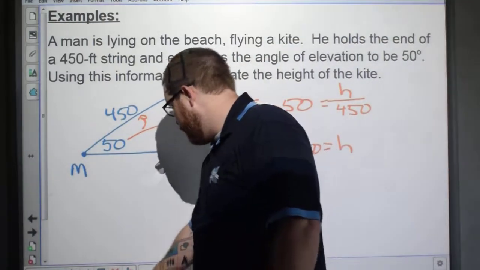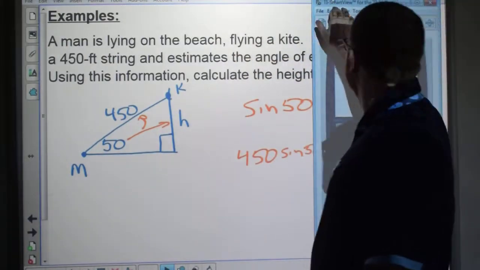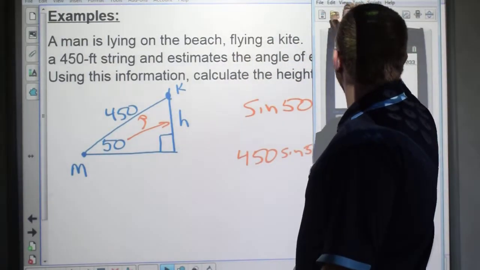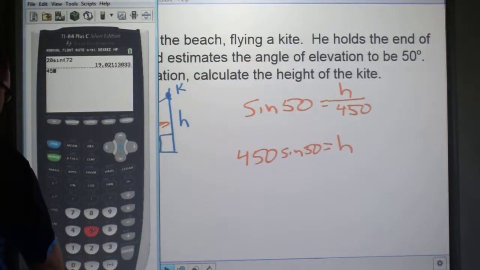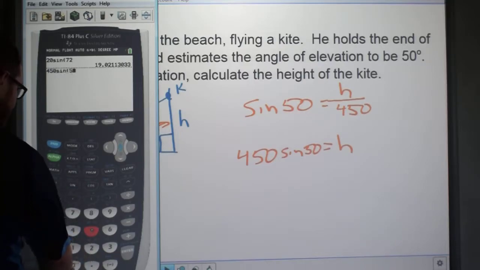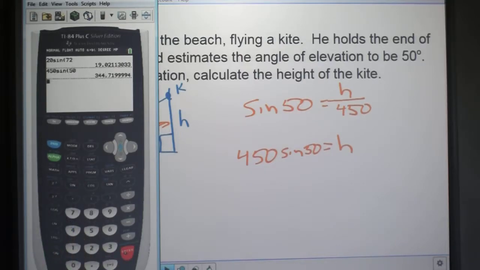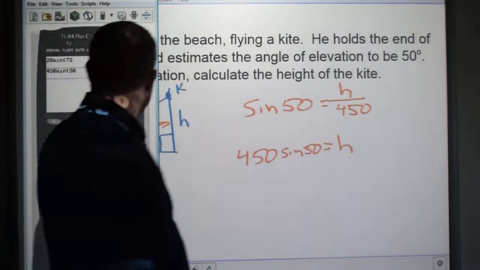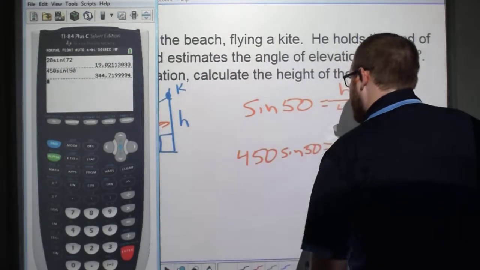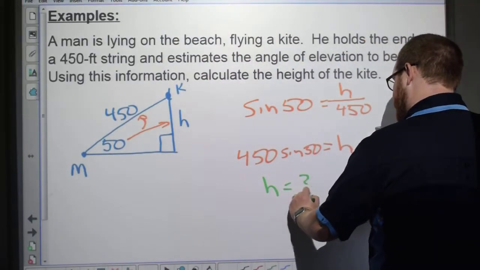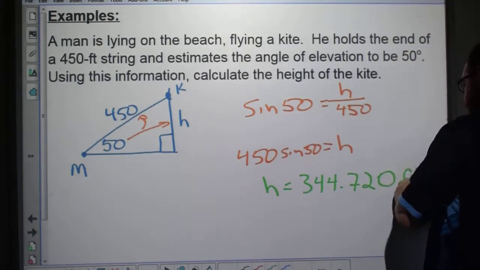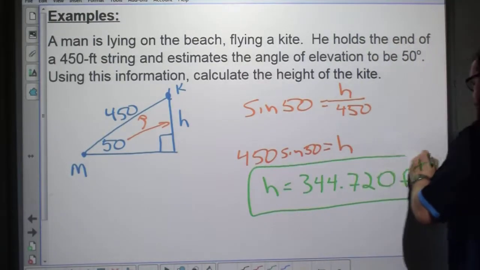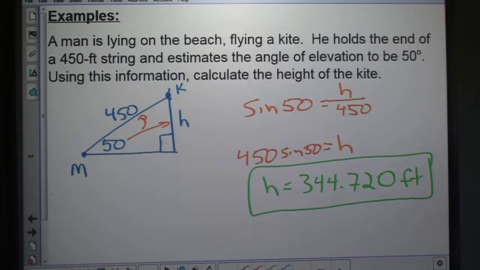Use your calculator to solve. 450 sine 50 is 344.720. It's a long string. It's really high up in the air.